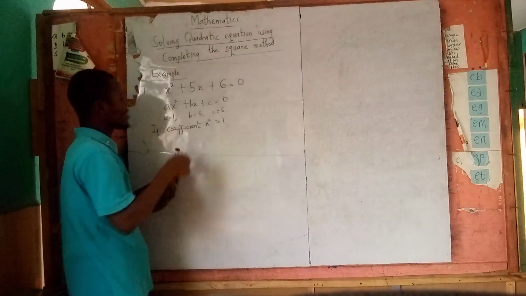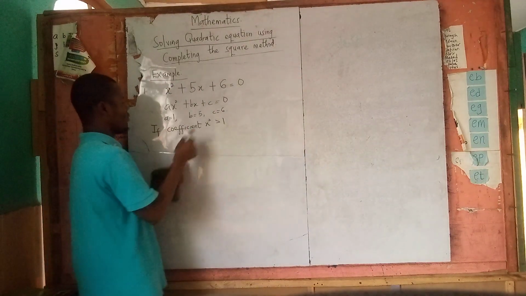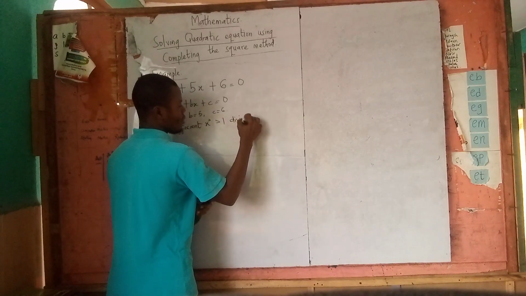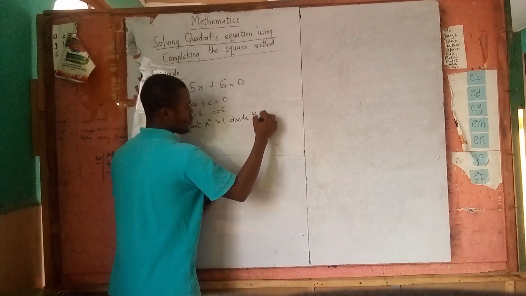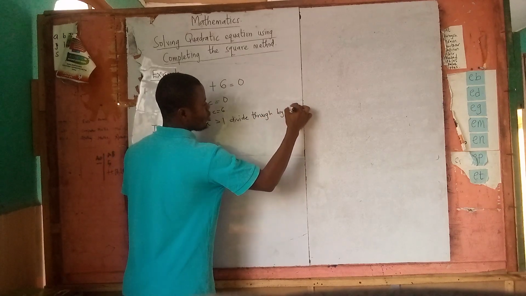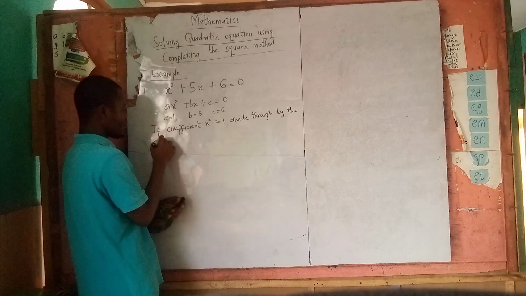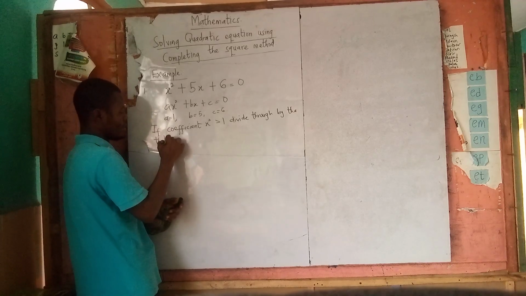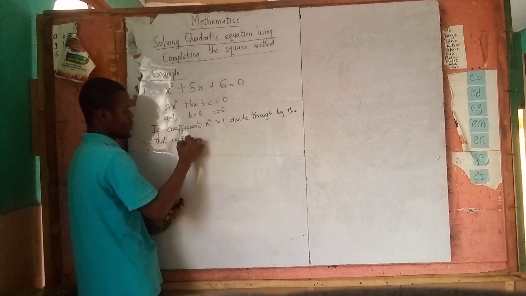So if the coefficient of x squared is greater than 1, we divide through by that coefficient.